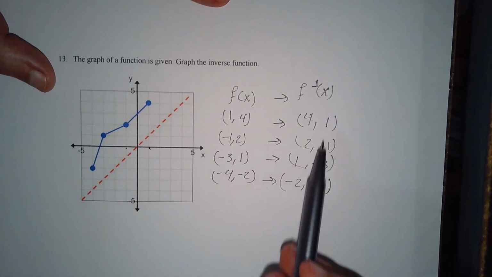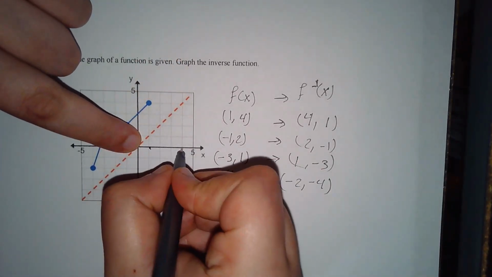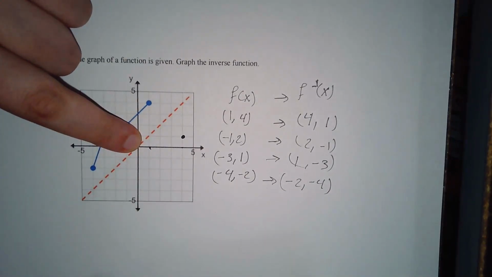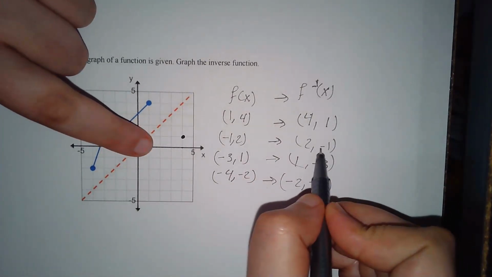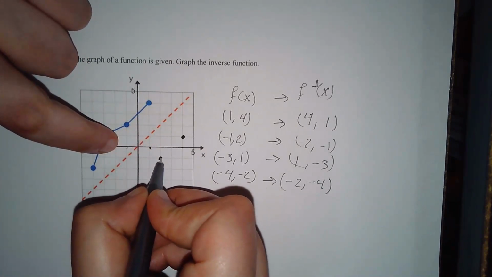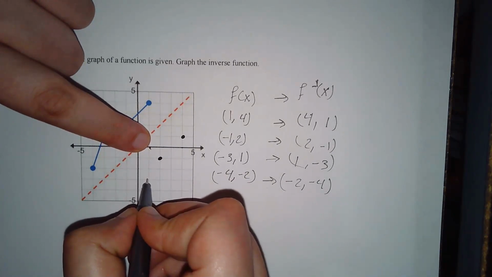Now we plot whatever these points are. Okay, so 4 for x, 1 for y. That point goes there. We have 2 for x and negative 1 for y. That point goes here. 1 for x and negative 3 for y. That point goes here.